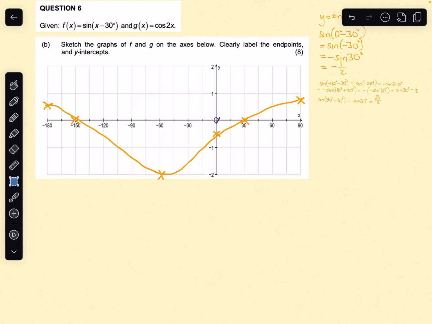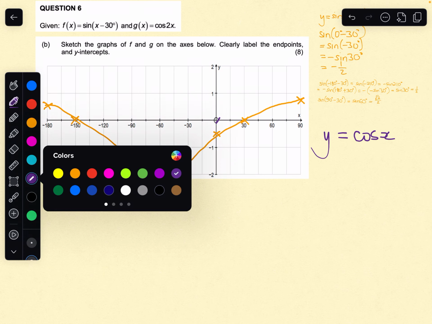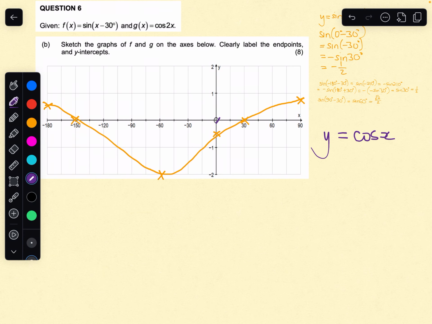Right, so then for the next graph, again I'm going to start by drawing the graph of y is equal to cos x, and that one we know has a point here at 0 and 1. This point does not want to point you.